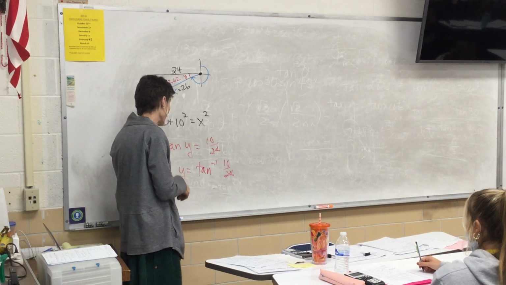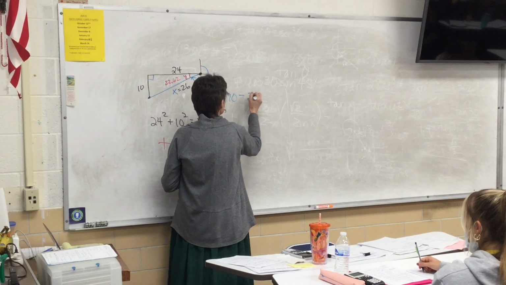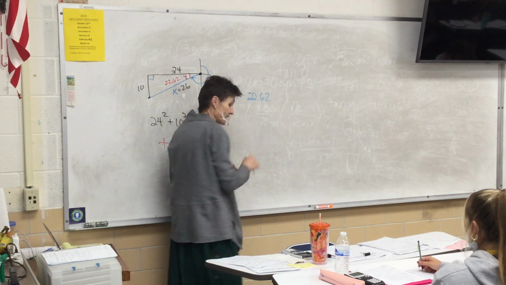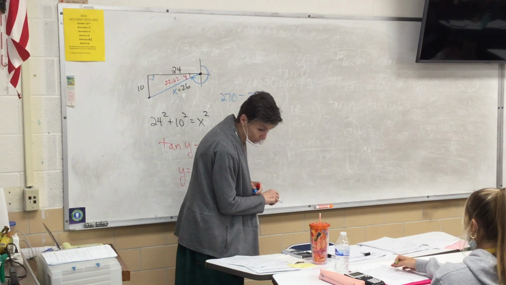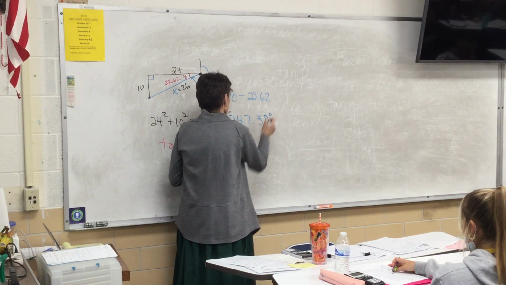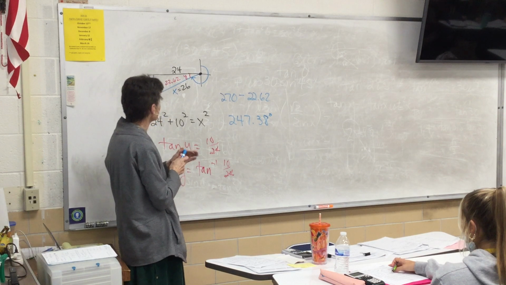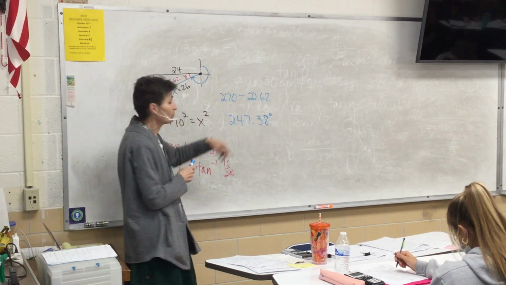So the big blue angle is going to be 270 minus 22.62. So the answer is 247.38. So his distance from port is 26 miles, and his direction is 247.38.